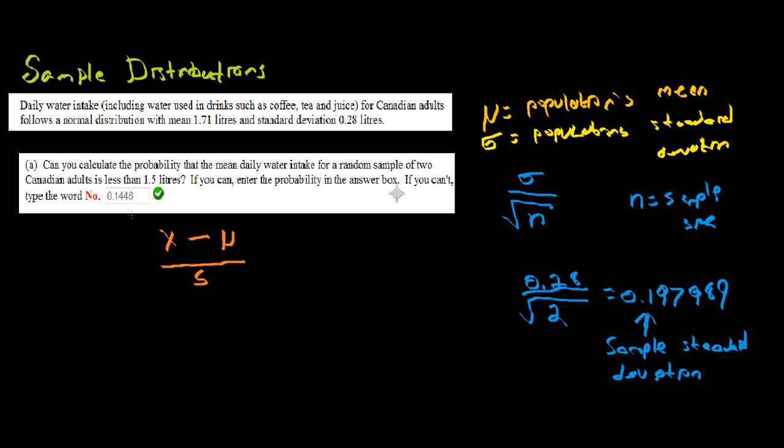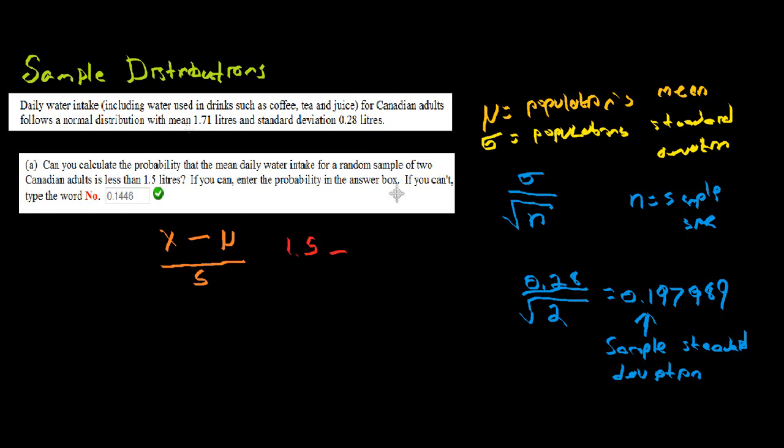So the first step is to standardize 1.5 liters. So let me change color to that. How about red? So 1.5, because that's the value we're trying to standardize. That's what x would represent here. Subtract mu. Mu, as you can see, is the population's mean.